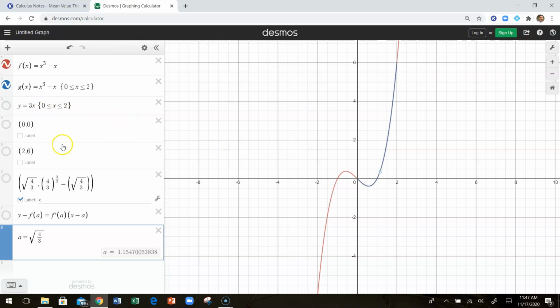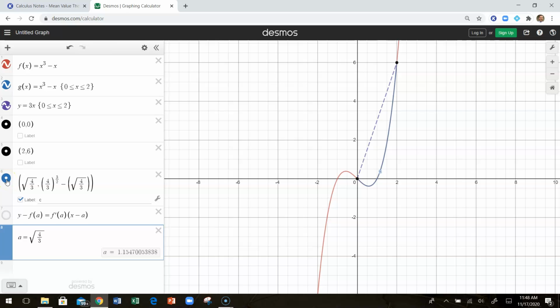We figured out that if we connect the endpoints, 0 and 2, with a line, that line has a slope of 3. So connecting the endpoints of my interval, the slope there is 3.